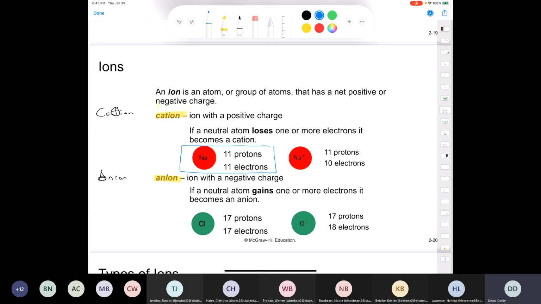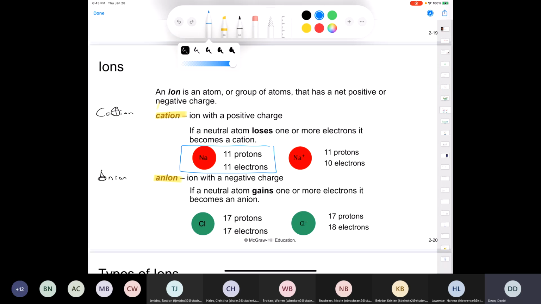Why? Because electrons are negative. If you remove an electron, which has a negative charge, it's going to become more positive. That's what I was trying to say.